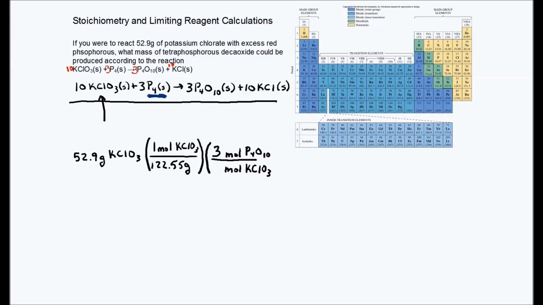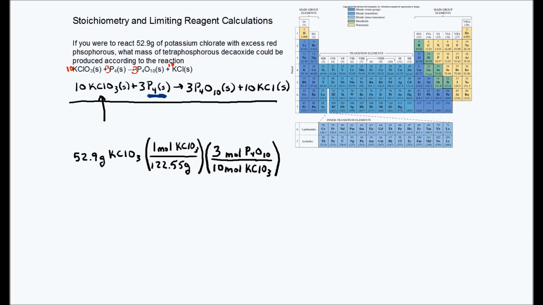The number in front of KClO3 is a 10. So that's my second term. That's then converting from moles of KClO3, which I had coming out of the first term. That's canceling, and now I'm ending up with moles of P4O10.